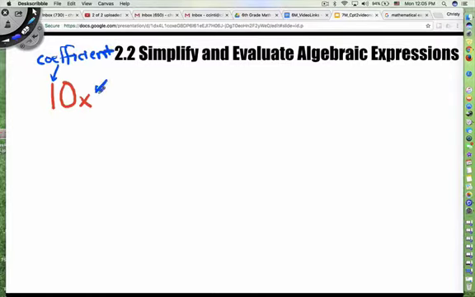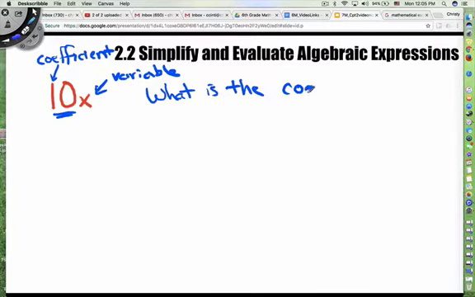And this is known, as we've said already today, as a variable. So coefficients and variables. A question might be, what is the coefficient of, let's say, b? And the answer would be 1.